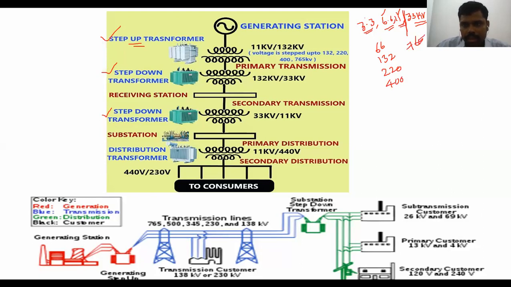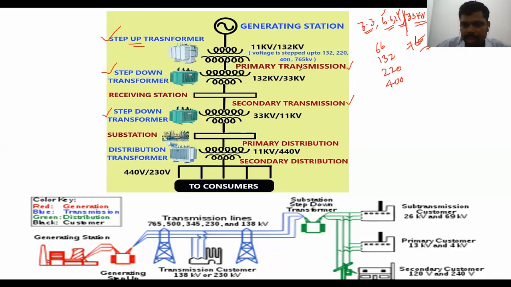In India, the maximum operating voltage in the overhead transmission line, that is the AC system, is 765 kV. Again, based upon the operating voltage, the transmission lines are classified into two types: primary transmission line and secondary transmission line.